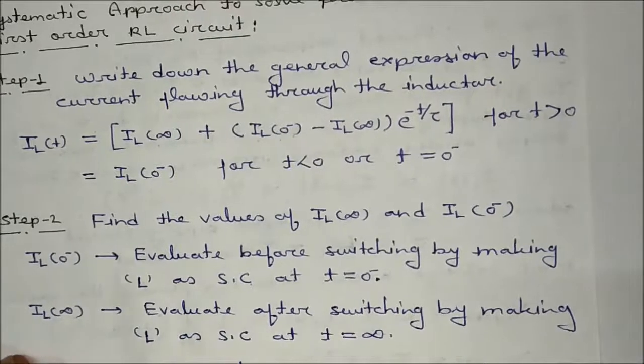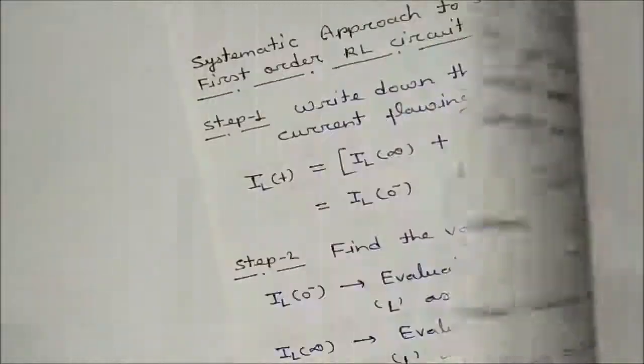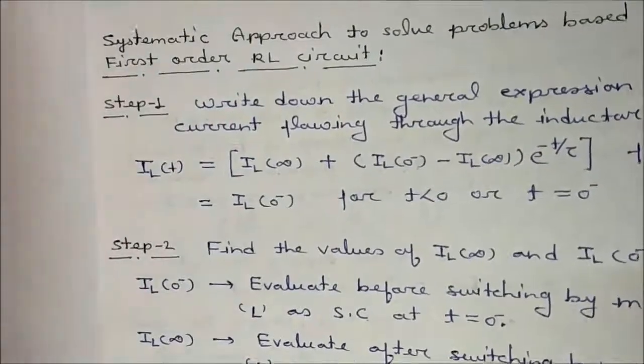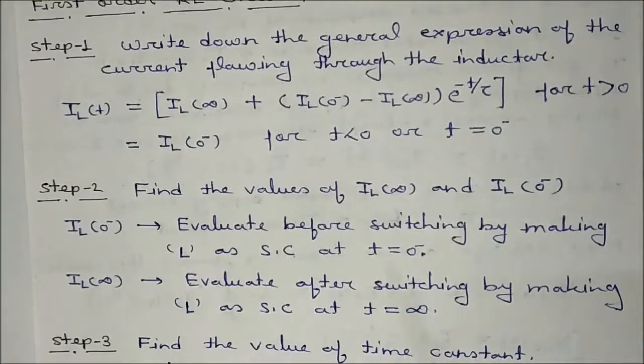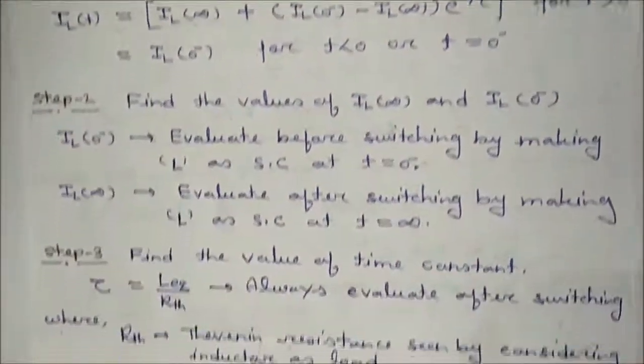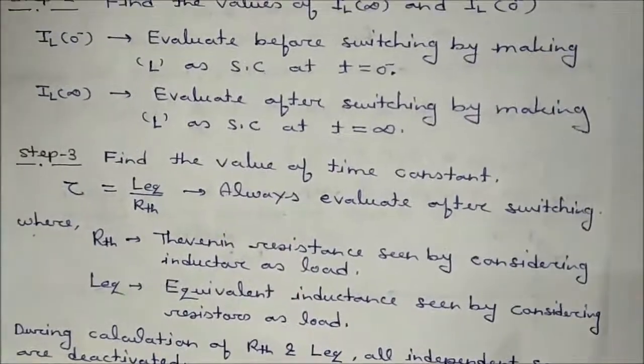In the same manner here also, if someone asks for a response other than the inductor's vL(t) or iL(t), you have to calculate the value of vL(t) and iL(t) first, and then use KVL and KCL to find the other responses that have been asked in the system.